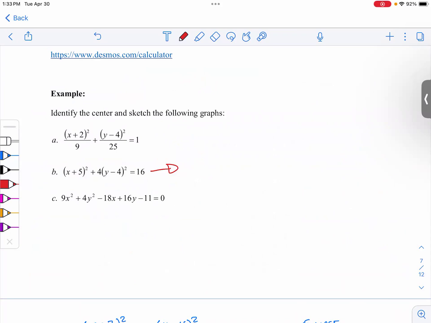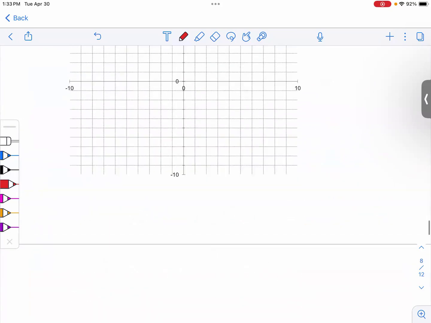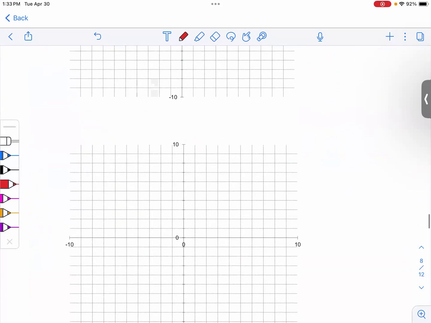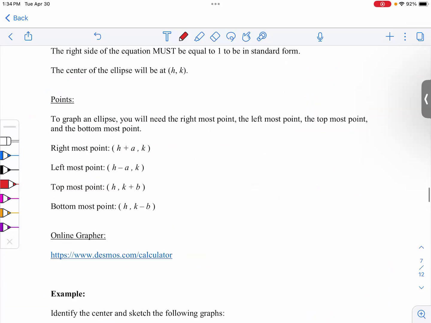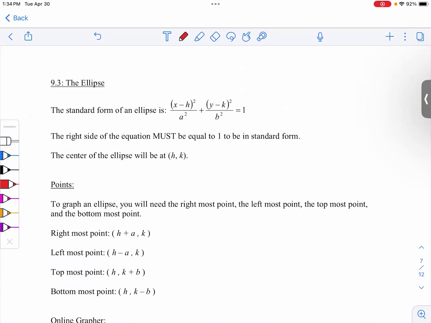All right, so similarly, let's do another. X plus 5 squared. That's 4. Now the big part of the general form of an ellipse, notice what it is equal to on the right side.